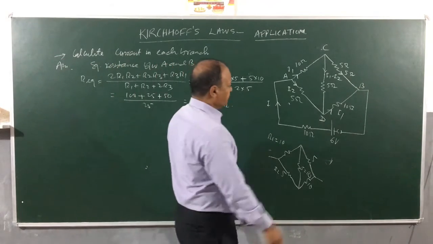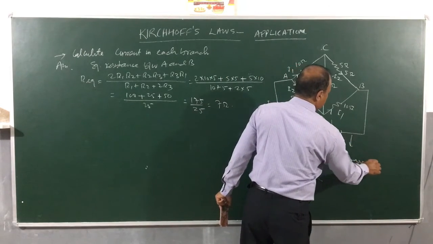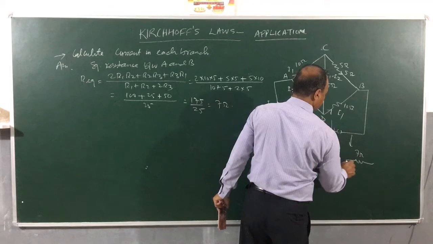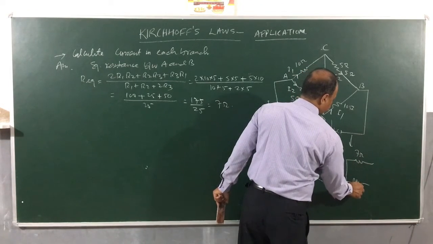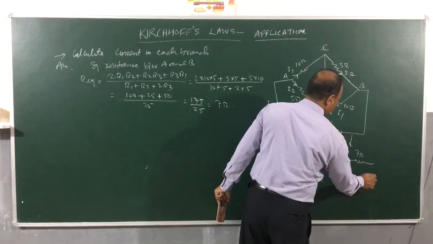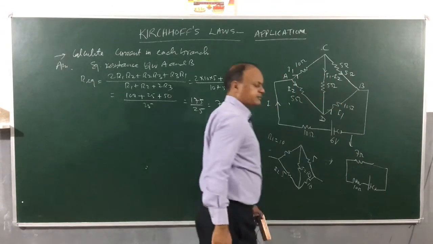So we can simplify this circuit something like this. This is 7 ohms, this is 10 ohms and this is 6 volts battery. It is something like this, right?